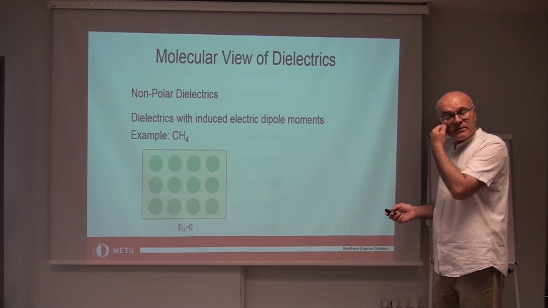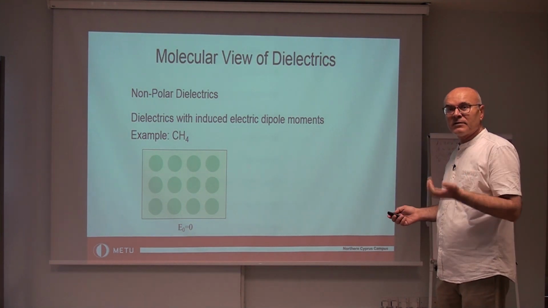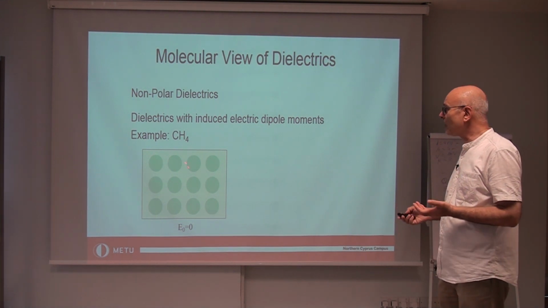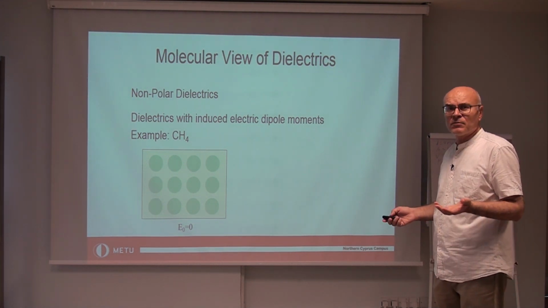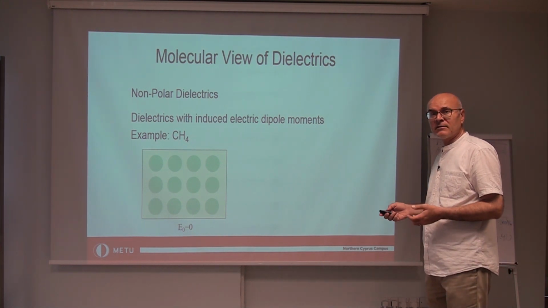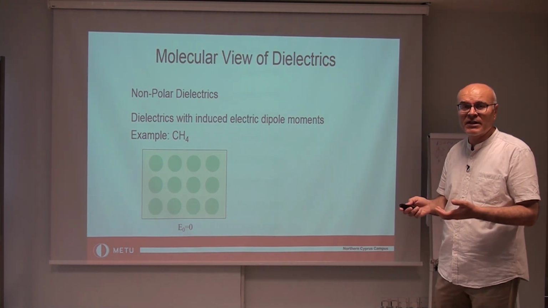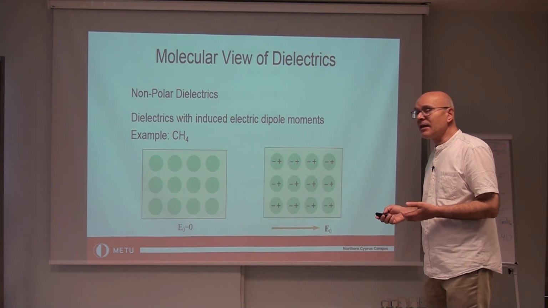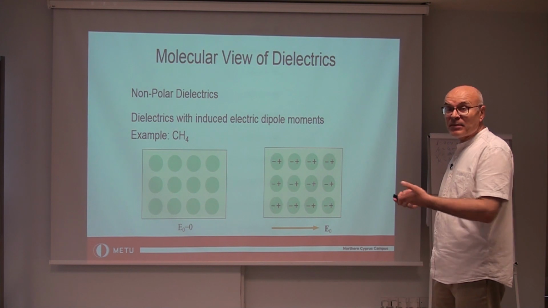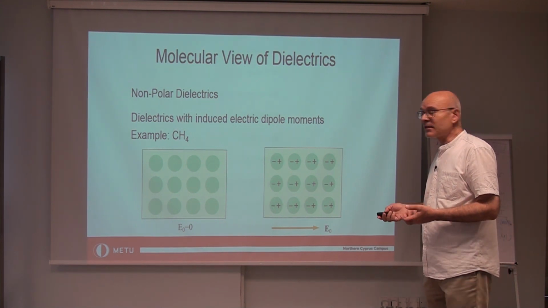Now there are other types of dielectrics, which are non-polar dielectrics. In other words, their molecules are not polarized. As you can see here, there is no split in positive and negative charge. However, when you apply an electric field, these dielectrics get split due to the presence of the electric field. Why is this?